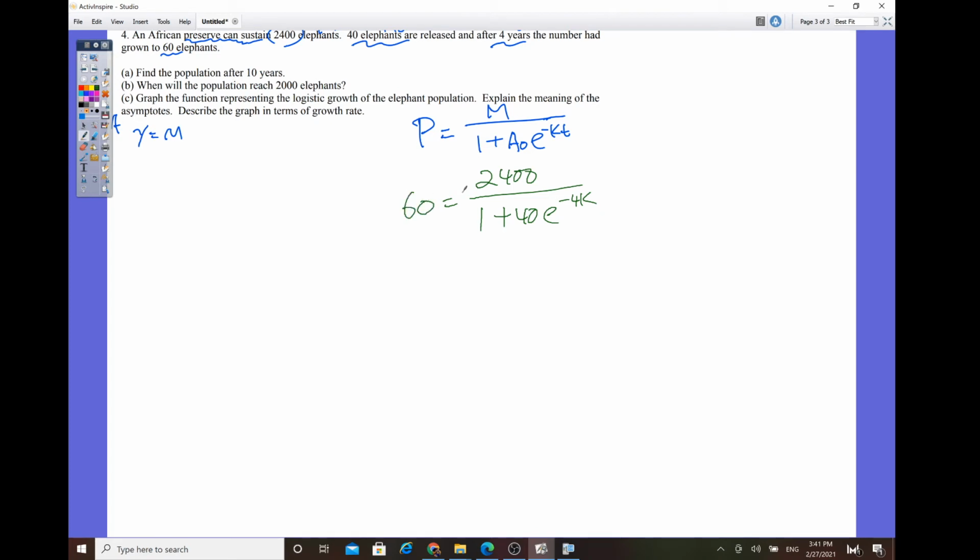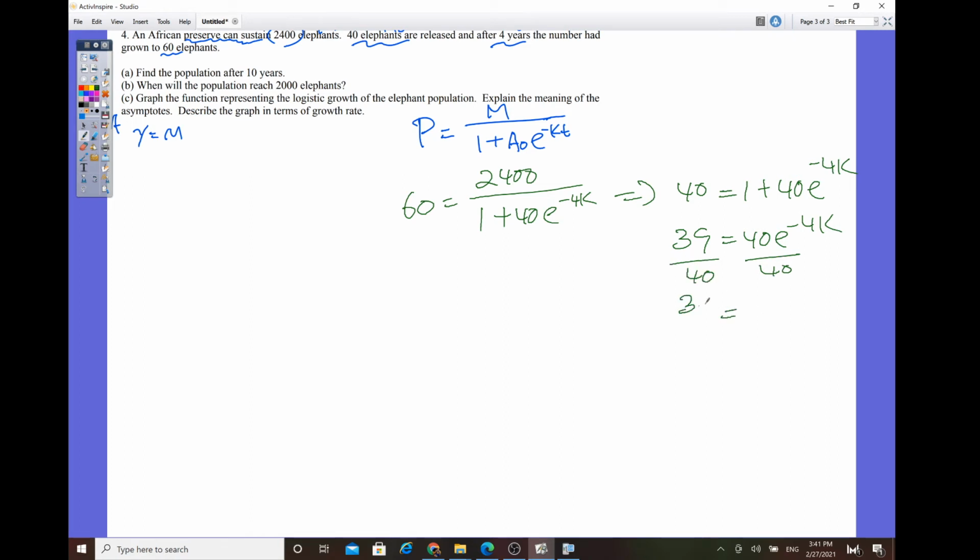So solve for k. We can cross multiply, or just divide the number. 2,400 divided by 60 would be 40. So that equals 1 plus 40 e to the power of negative 4k. Subtract 1 from both sides, so we get 39 equals 40 e to the power of negative 4k. Divided by 40.